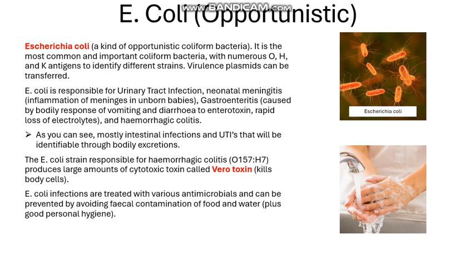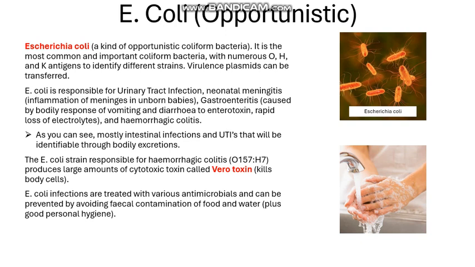E. coli is responsible for urinary tract infection, neonatal meningitis, which is inflammation of the meninges in unborn babies, gastroenteritis, which is caused by the bodily response of vomiting and diarrhea to enterotoxin, with rapid loss of electrolytes, which is a lot like just basic diarrhea. It's treated the same with water and water containing electrolytes and sugar.